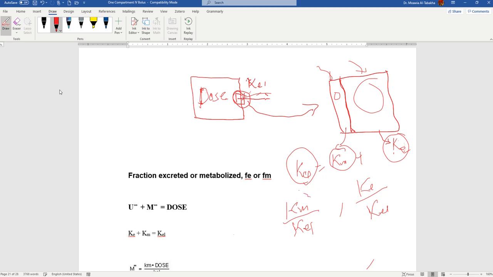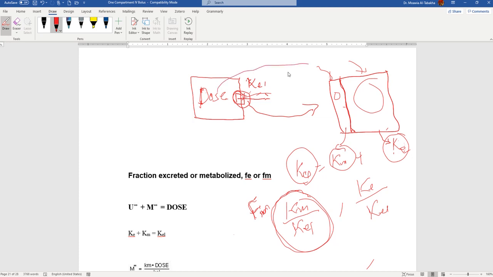Okay, this fraction will give me a fraction, because Km will be either equal or most probably smaller than KEL, and here smaller, the same for this one. So it gives me a fraction. This fraction we call the fraction metabolized. Meaning what is the proportion of metabolism from the dose. It's given by the size of Km compared to the total size.